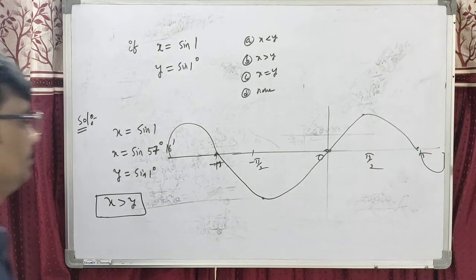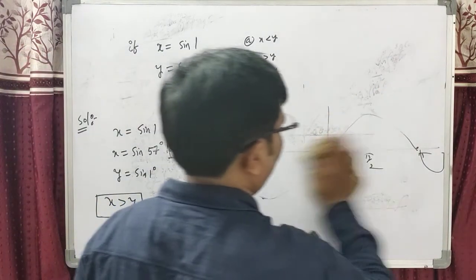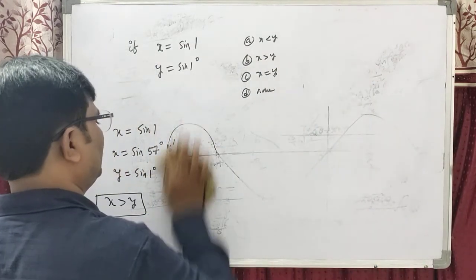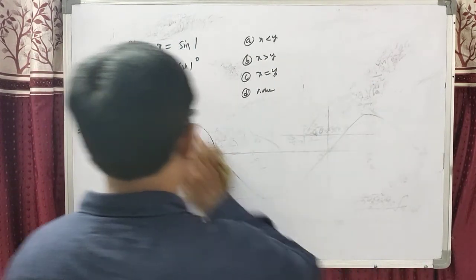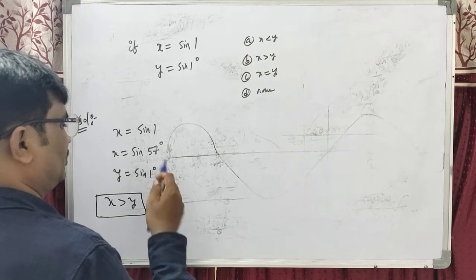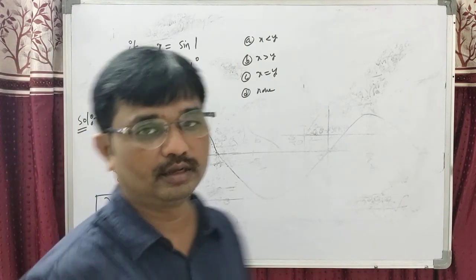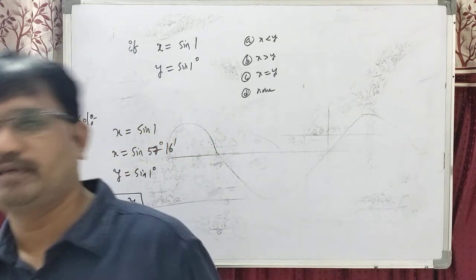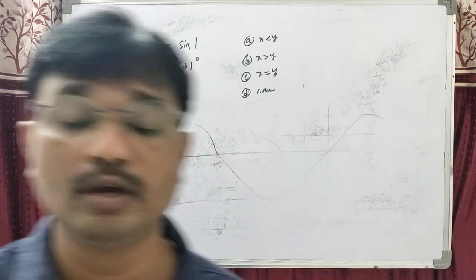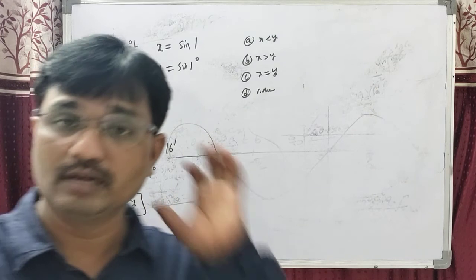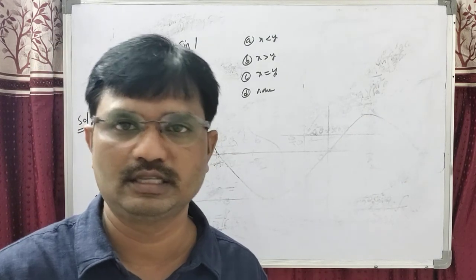Okay students, the maximum value is 1 and the minimum value is minus 1. The maximum value of sin x is 1. The minimum value of sin x is minus 1. Similarly, cos x is also. The maximum value of cos x is 1. The minimum value of cos x is minus 1.